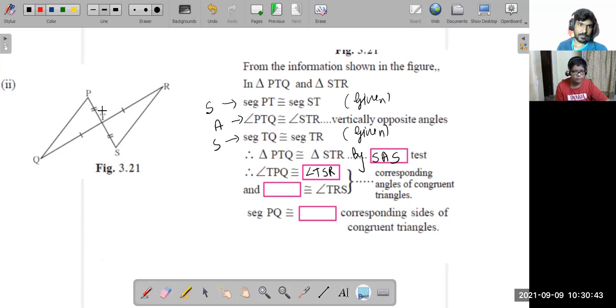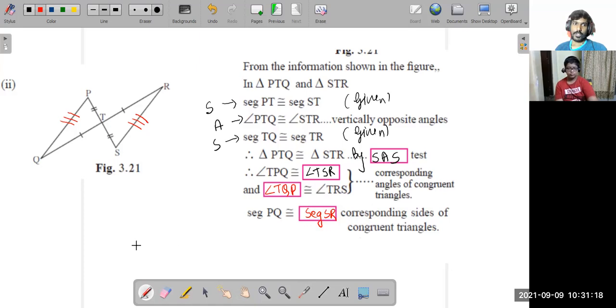PQP, TQP, correct, TQP. And segment PQ, that is this one, will be congruent to segment this one, that is SR. Is this clear?